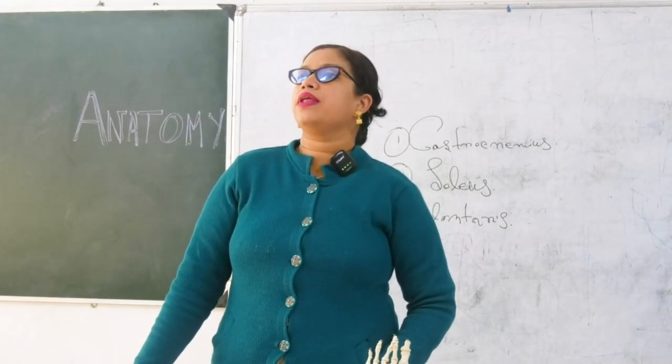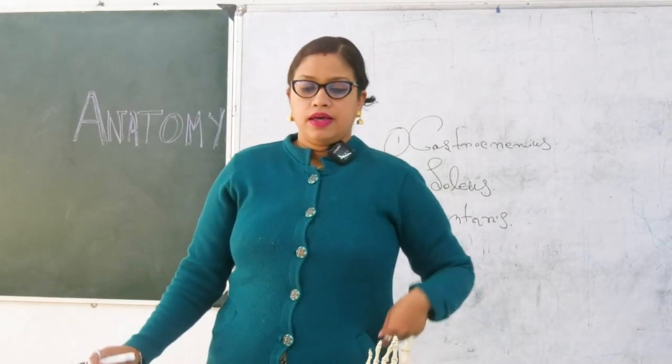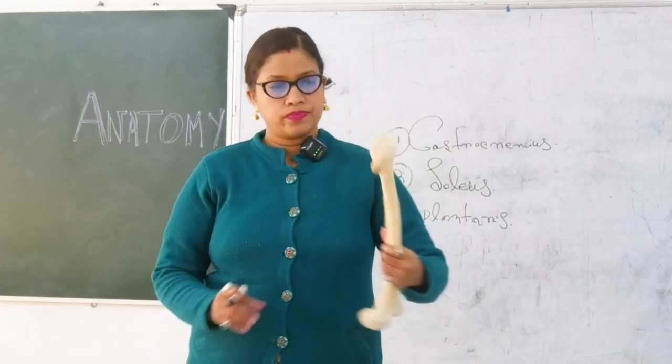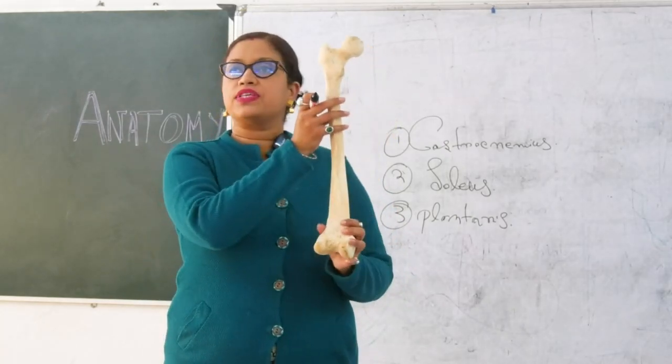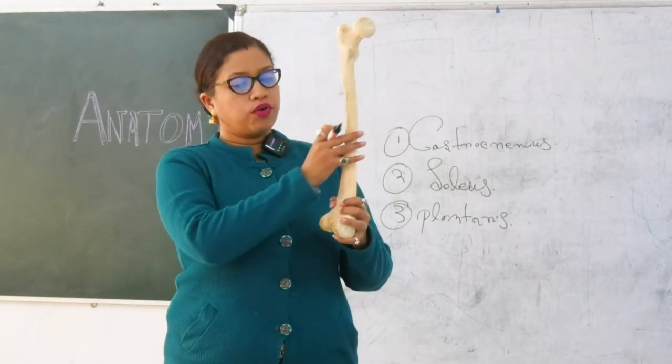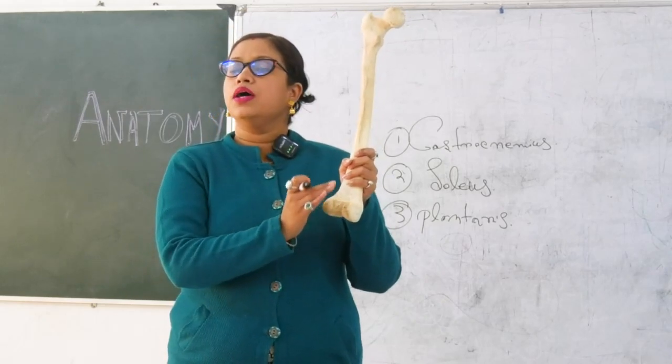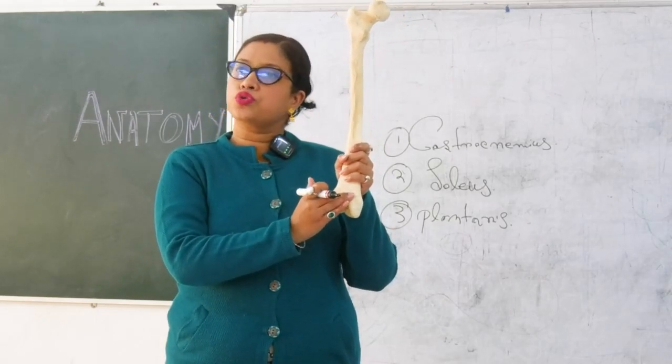What about the lateral head? Write it down, lateral head. Now see the difference between the two. This is the posterior surface of the femur, with the medial condyle and the lateral condyle. I told you the medial head comes from the posterior superior aspect.